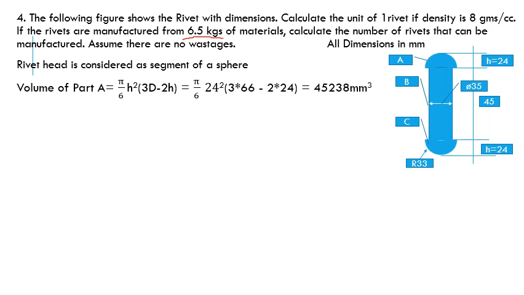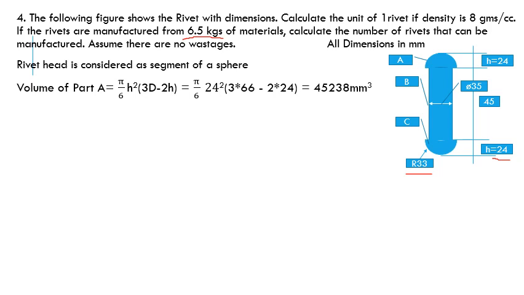The volume of a segment of a sphere is given by pi by 6 h square multiplied by (3d minus 2h), where d is the diameter of the sphere or the curved part, and h is the height of the segment. In this case, the height of the segment is 24 mm, and the radius of the circular portion is 33 mm. I will substitute those values.